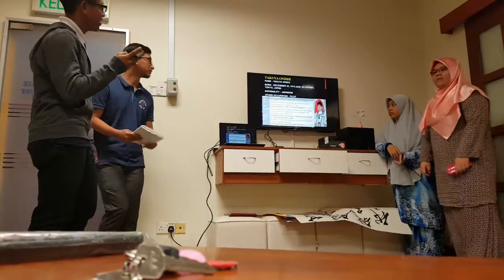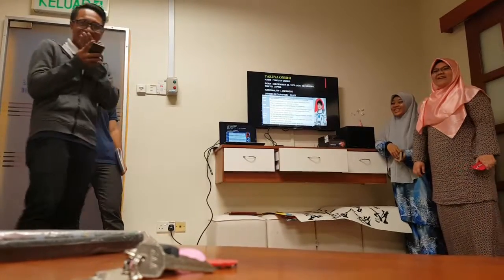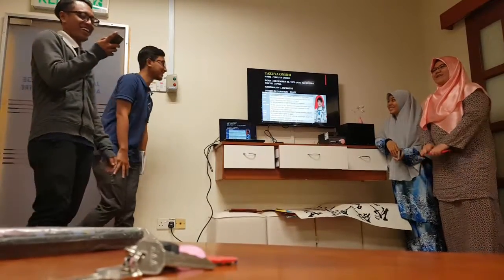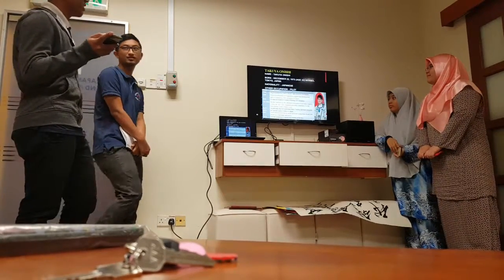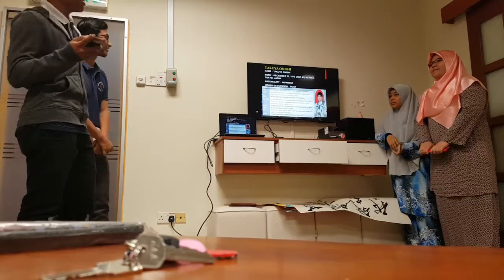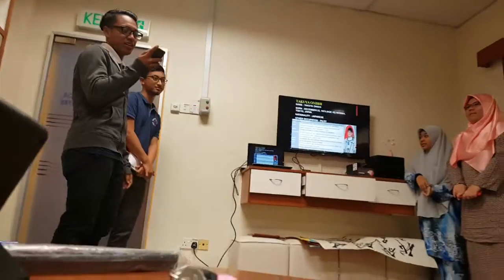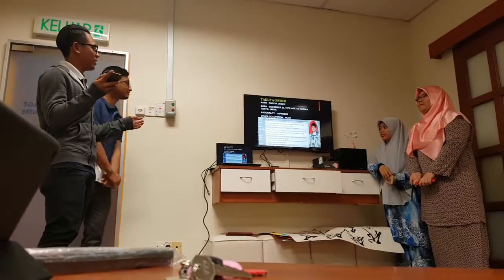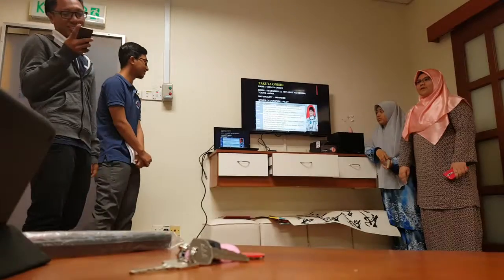Okay, this is Takuya Onishi. Takuya Onishi is the first Japanese astronaut. He was selected in 2009.